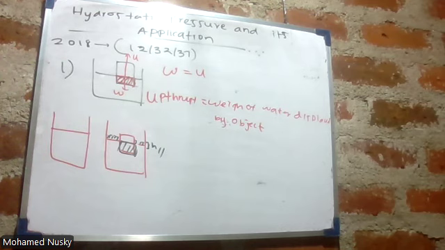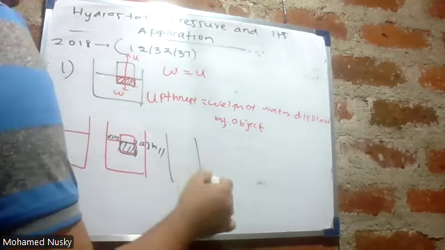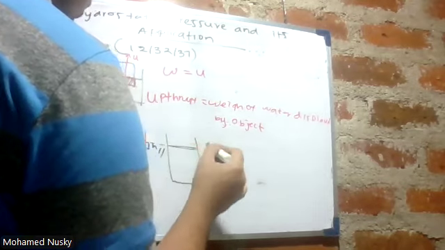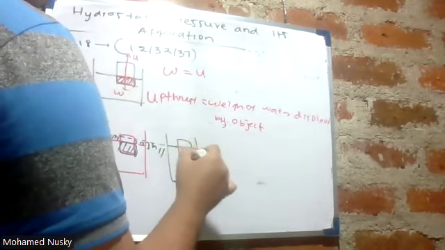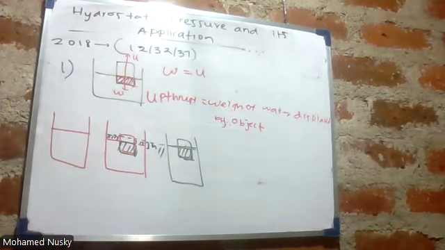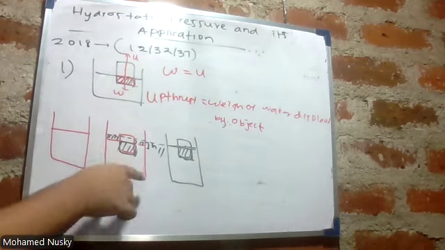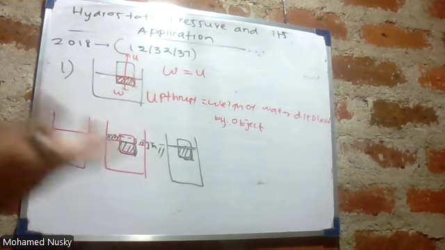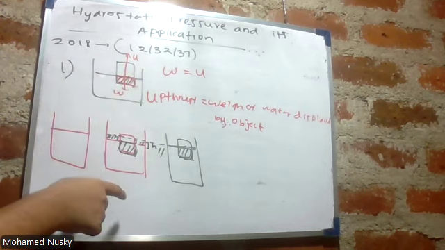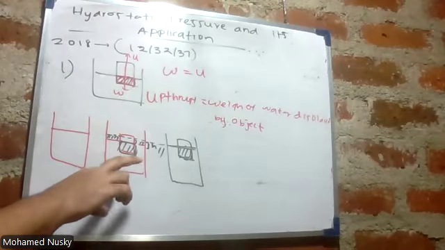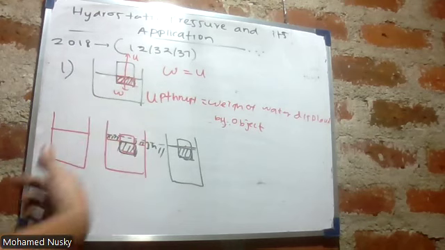Now, what is the new volume of water? This is the new volume of water and block of wood. Here, this is the volume of the wood that is inside the water. Therefore, when a part of wood is dipped into the water, that same volume of water will be raised in the container.